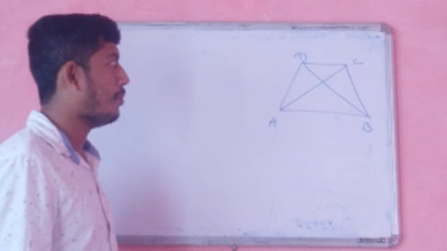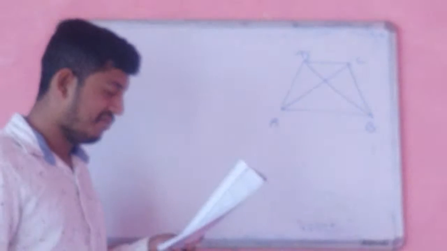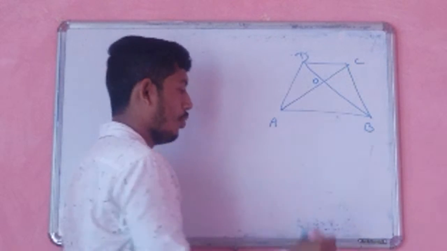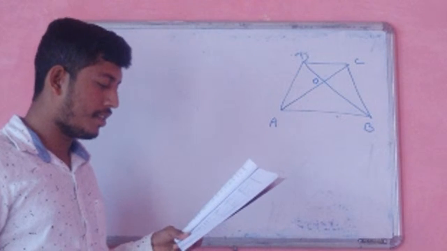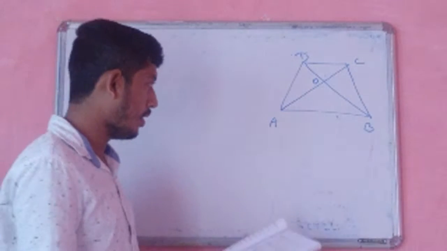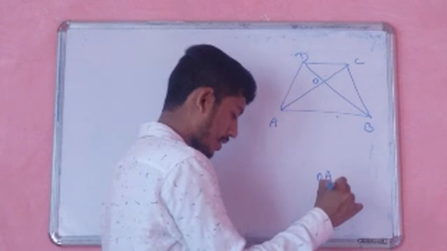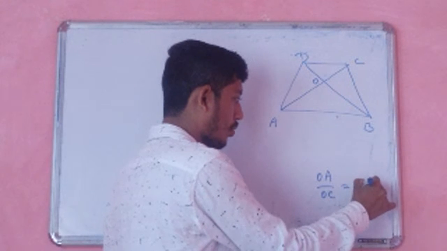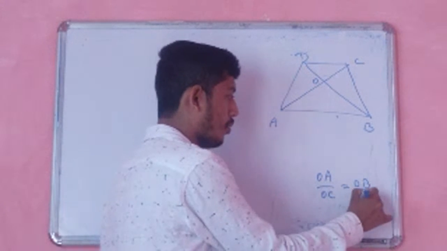So lines AB and DC are parallel to each other and intersect each other at point O. Using a similarity criterion for two triangles, show that OA by OC equals OB divided by OD. We have to show this.